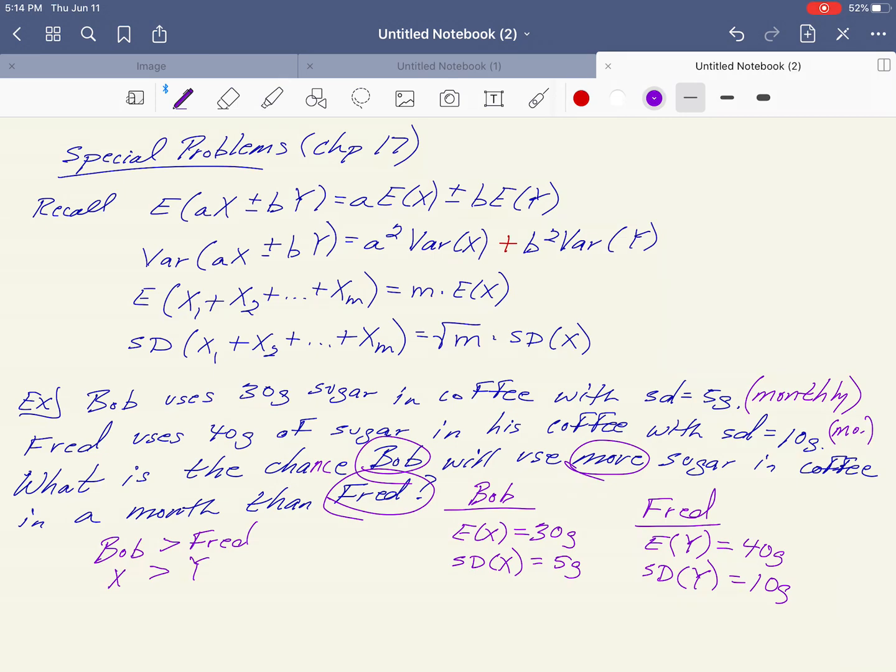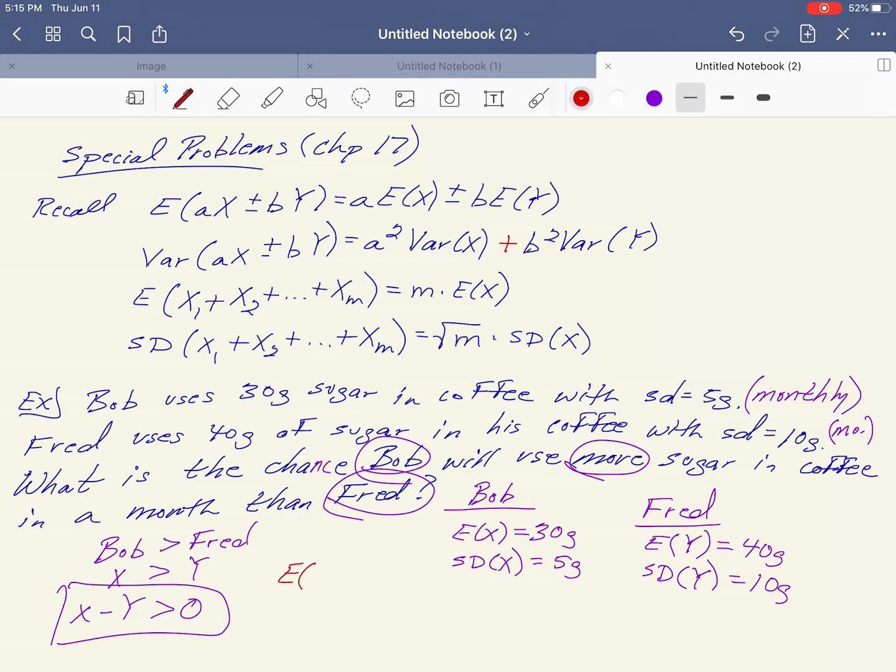X was Bob, greater than Y is Fred. Now putting both variables on the same side of that inequality, let's subtract Y from both sides. We have X subtract Y greater than 0. This is the combination that we've been asked to find the probability of in our question.